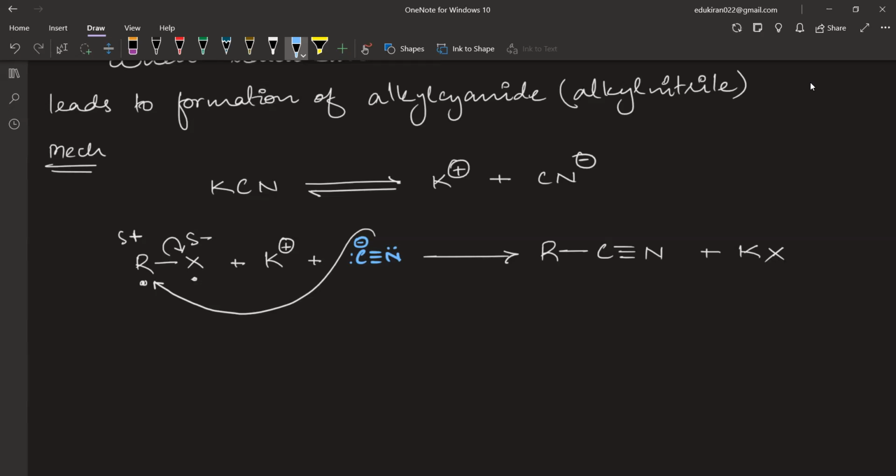So there is a chance that carbon can attack from its lone pair or nitrogen can attack from its lone pair. But we all know that a carbon-carbon bond will be stronger. That is why carbon has the property of catenation: it bonds with other carbon atoms and forms long chains because it makes strong bonds with carbon. So carbon will make a strong bond with carbon. That's why it prefers attack from carbon rather than nitrogen. So the attack happens from the lone pair present on the carbon atom.